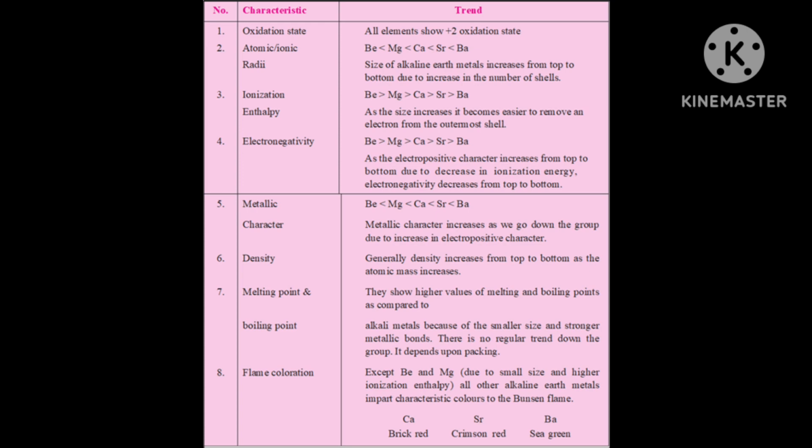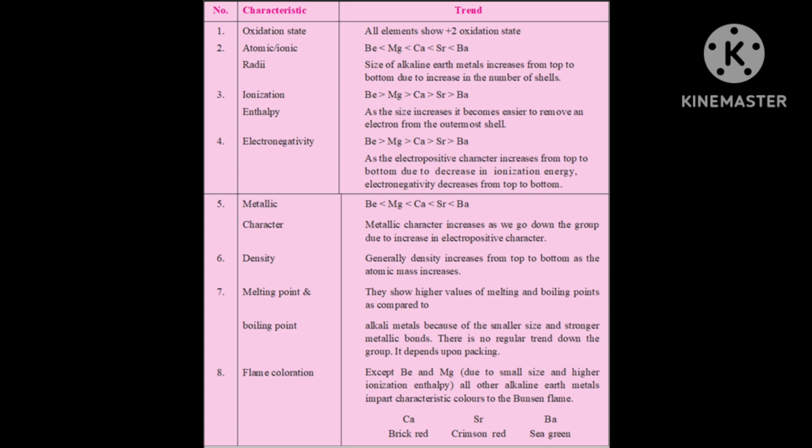Then the values I am telling you now: beryllium is 31 and magnesium is more, 72, and calcium is further more, 100, and strontium is 118. Furthermore, barium is 135, okay, and radium is 148, okay, ionic radius.